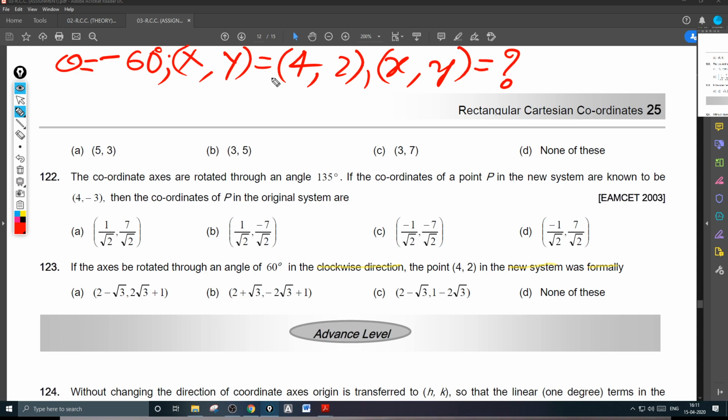Yes, please. I want the answer for this, which is a very similar problem.